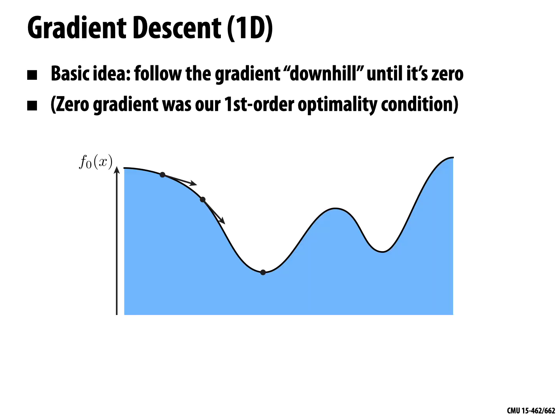So here's what that looks like in one dimension. I have a function f naught of x. I start at some initial point on the top left. I compute the gradient, which in this case is just the first derivative of the function with respect to x. And then the change over time in my guess for the position is just equal to minus that derivative, or minus the gradient.